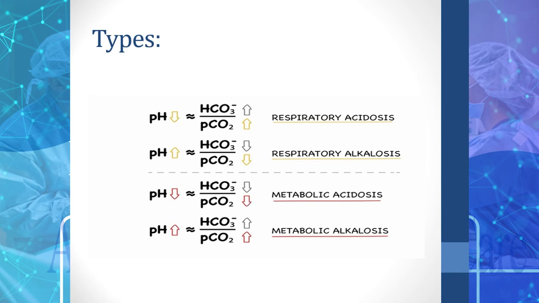While in metabolic alkalosis, the pH is increasing, the HCO3 is increased, and the carbon dioxide will increase in trying to compensate. So in metabolic problems, usually the pH, the HCO3, and the carbon dioxide are going in the same direction. In respiratory problems, they are going in reverse directions.